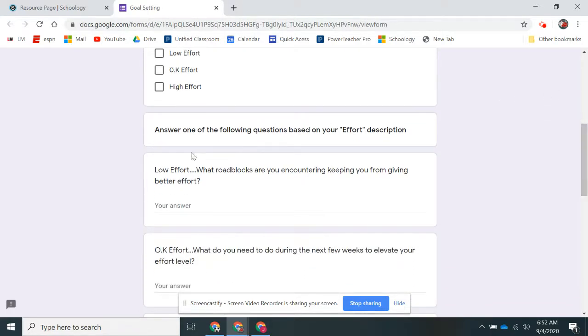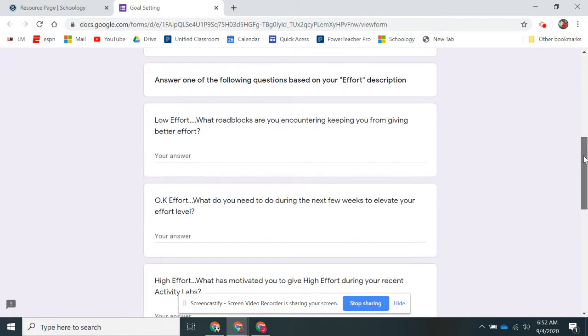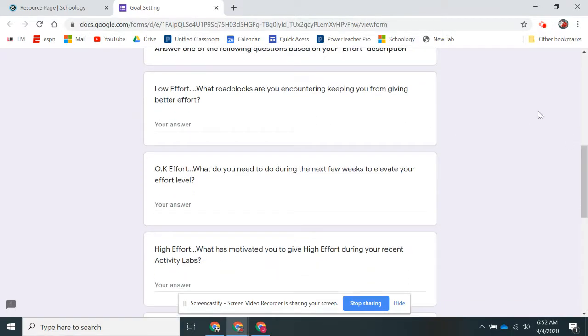Then it's going to ask you to answer one of the following questions based on your effort description. If you decided that you gave low effort over those activity labs, what are the roadblocks you are encountering that are keeping you from giving better effort? So just write out a brief answer to that question. If you thought your effort was okay during those activity labs during the grade period, then it asks, what do you need to do during the next few weeks to elevate your effort level?